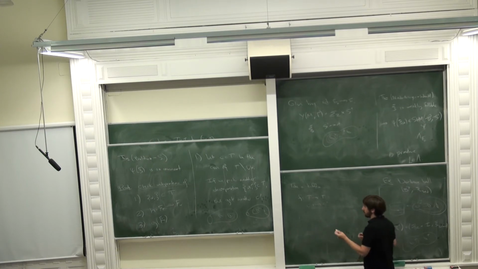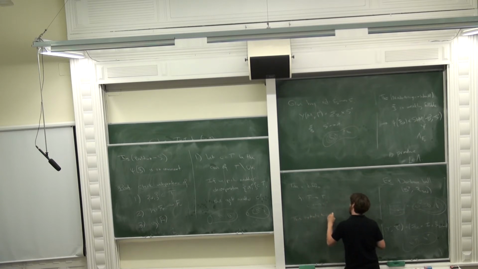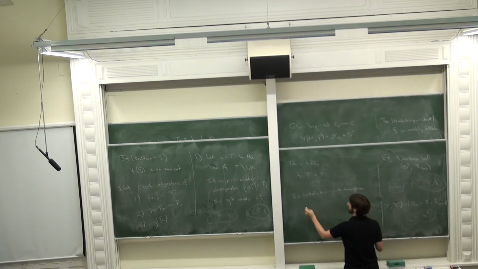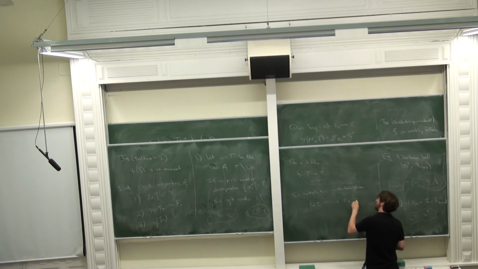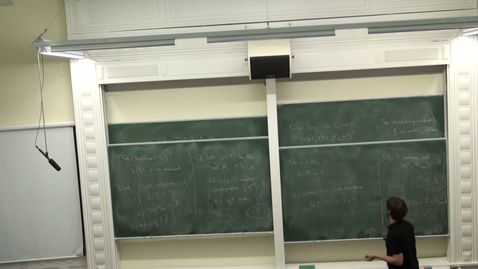And once you've done that, this extends pretty straightforwardly to a contactomorphism from T times I to T times I, respecting the choice of contact structure. So there's no real information going on there.